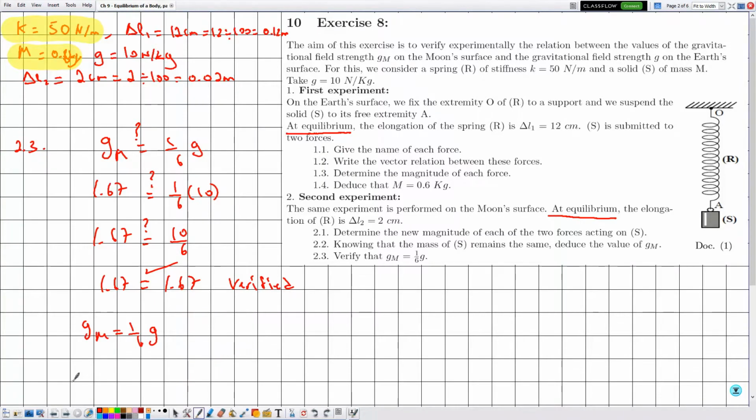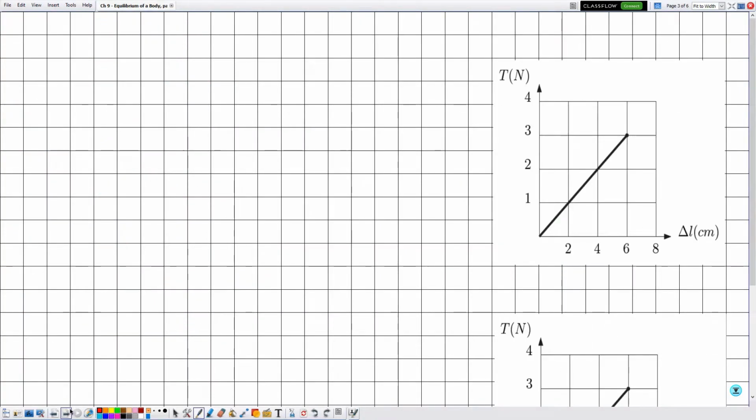And now let's move to the following section, which is section number 11.